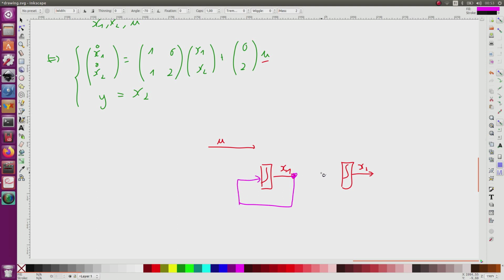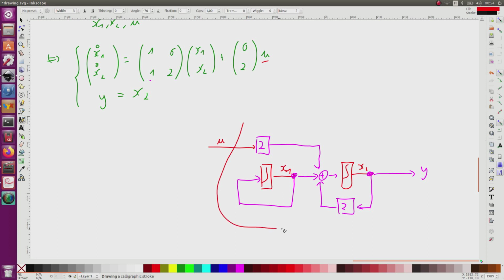And for the second one, I will have the sum of x1 due to this, and x2, with an adder here, multiplied by 2, and the output is x2. Y is there. As a consequence, I get a system which is simpler and which is described by this system.